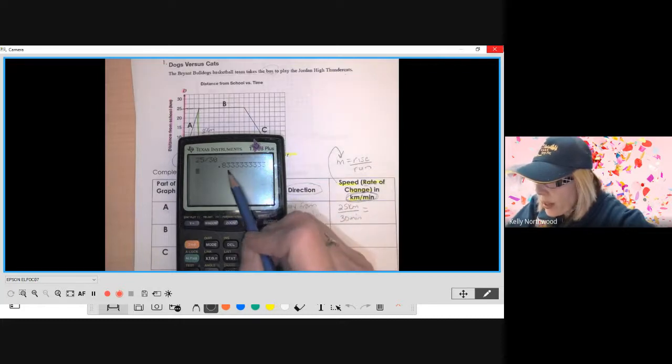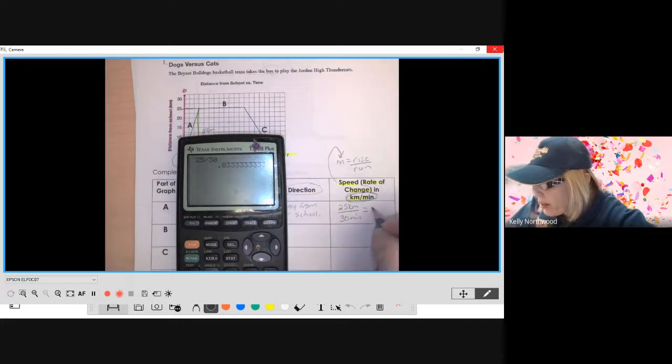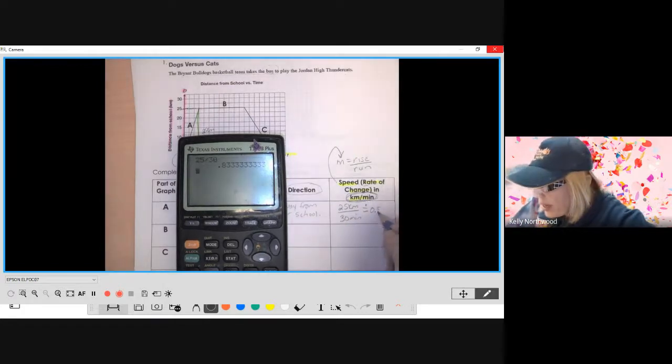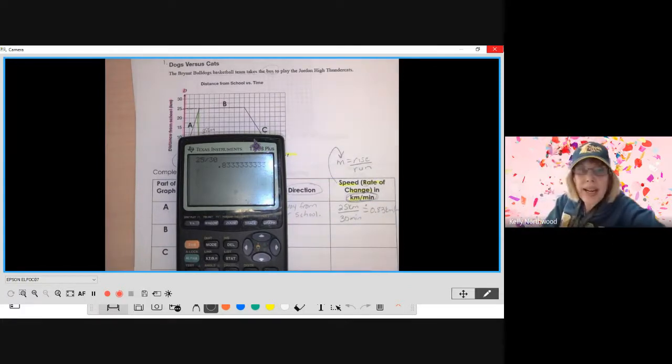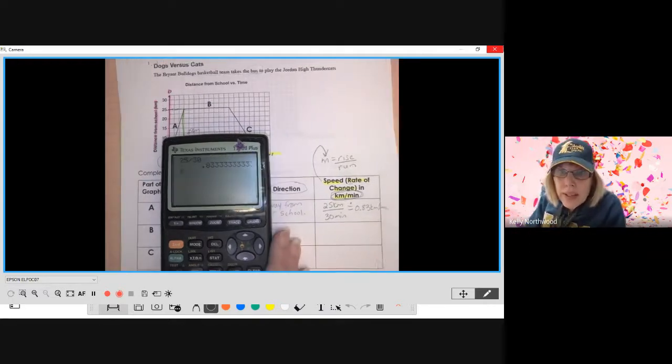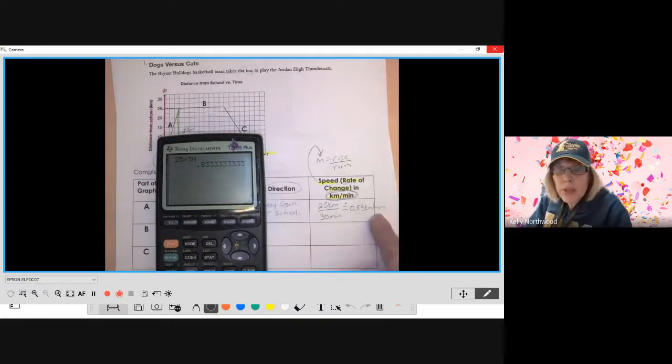So I see 0.83333. I'd at least probably write approximately, so a dot above my equal sign, 0.83 kilometers per minute. I wouldn't just leave it at 0.8 because it's not exactly 0.8. And I do have minute written on here, kilometers per minute.